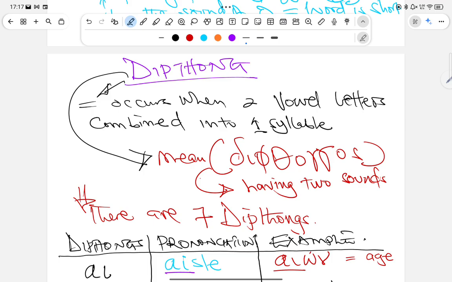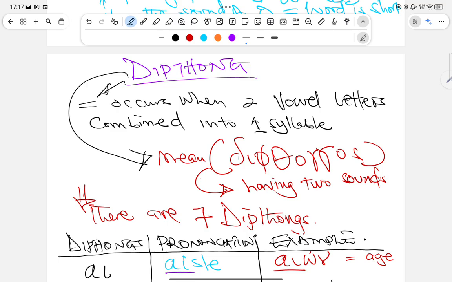Just a quick review on what we covered in Lesson 4. We were looking at diphthongs. A diphthong is when two vowel letters combine into one syllable.